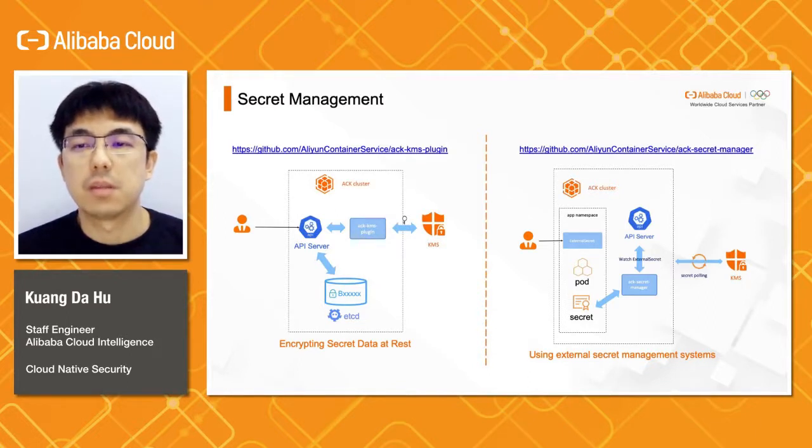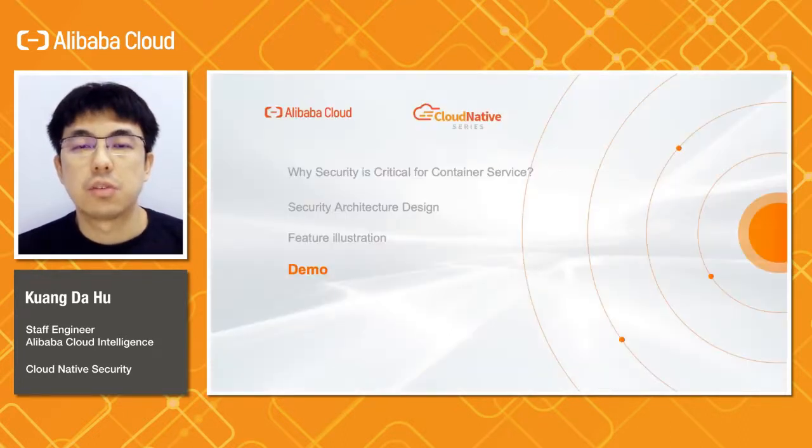Besides, we provide ACK Secret Manager, which helps you import, use, and synchronize secrets managed by an external secret management service. Users can directly install it in our app catalog, and both of these solutions are open source. You can find the code on GitHub.